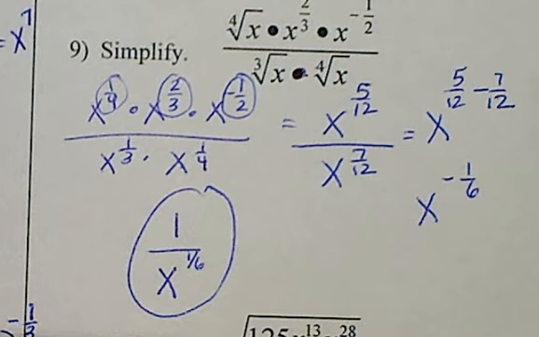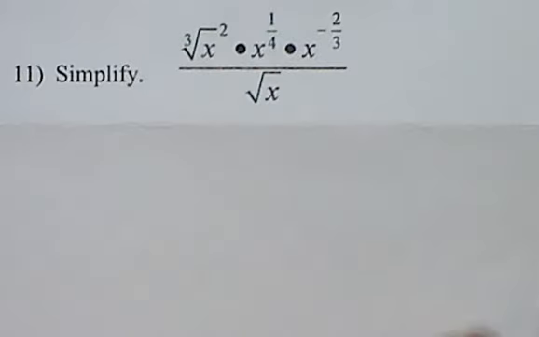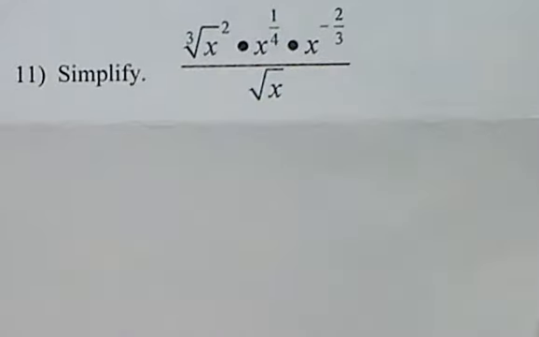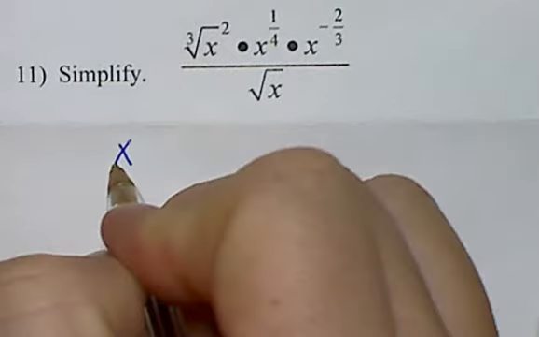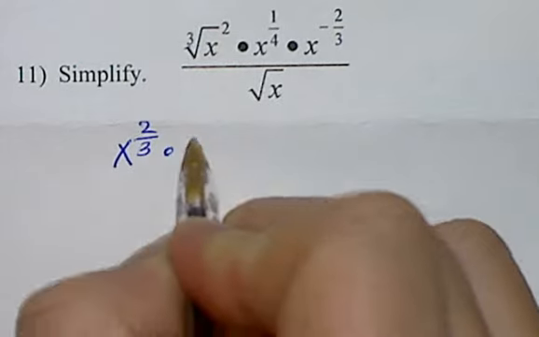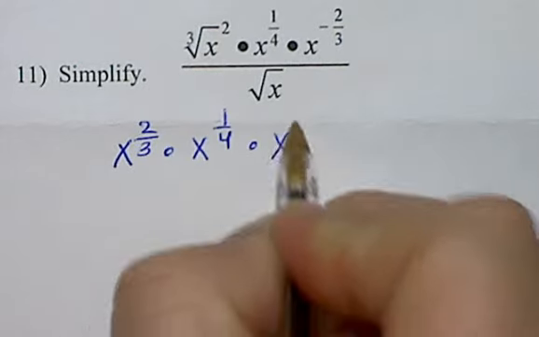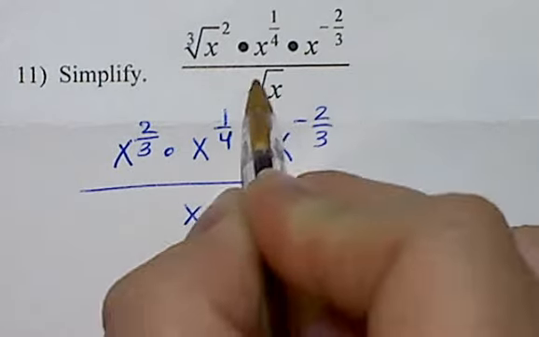And I'm going to go on to 11, which is very similar to number 9. Okay, so I'm going to start by rewriting these in rational exponent form. The nth root always goes on the bottom. And when you don't see an nth root, remember it's a hidden 2.